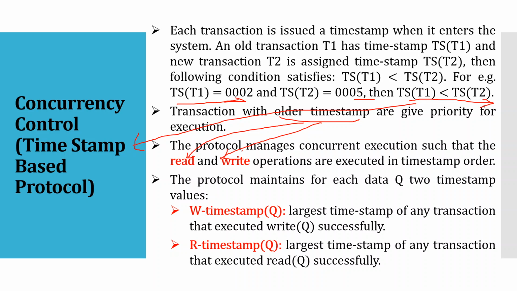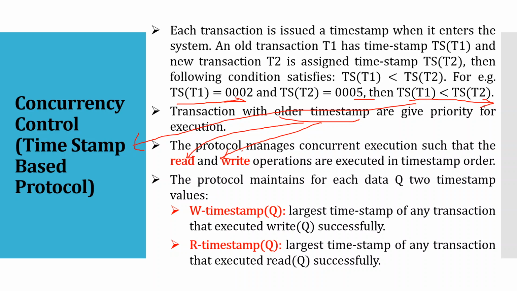Similarly, the read timestamp is the largest value given by the manager to a transaction to read a data item. Let us say 0003. That means you have been given a timestamp by which you should complete your read operation. So this is what a timestamp based protocol will manage, right?